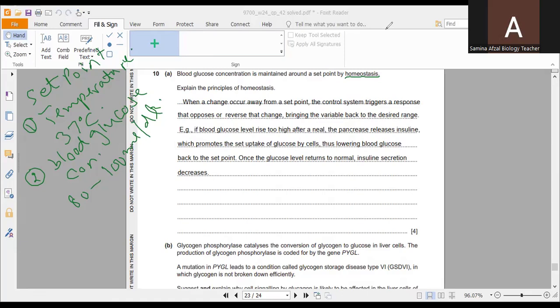After the set points, there are receptors. Receptors are the sensors or sense organs which detect the change due to a stimulus. What can be the change to a set point?